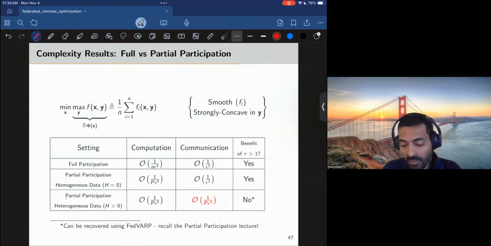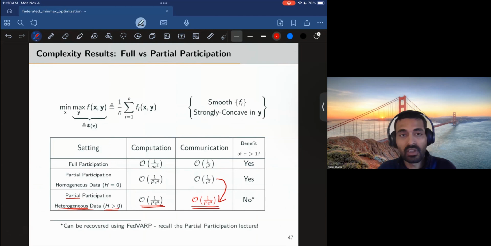However, if we have partial participation and we also have a lot of heterogeneous data, meaning H is larger than zero, then to achieve this computation cost, we also need to do these many communications. As you can see, we significantly increase the number of communications from 1 over epsilon square to something which depends on 1 over epsilon to the 4.